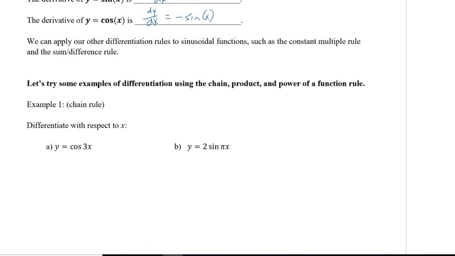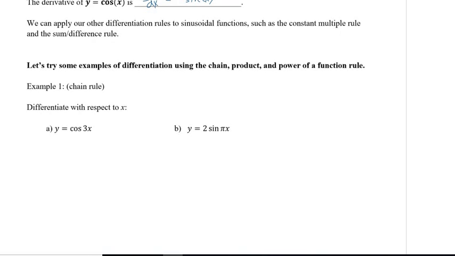So let's start with some chain rule problems. With this one, we have cosine of 3x. To find the derivative, again, our first thing is we have to find the outside function and the inside function. Let's start with the inside function because we said finding the inside function is easier. So 3x is going to be the inside function.